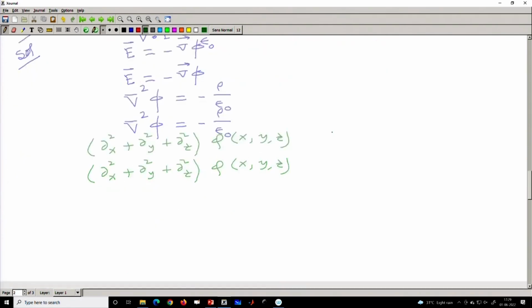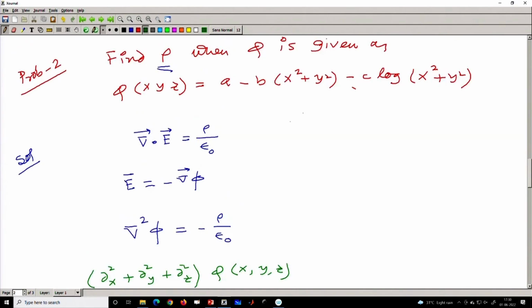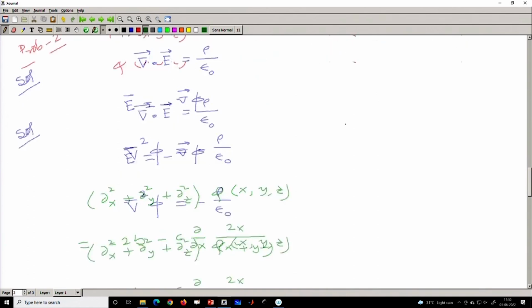So I just do the operation here, and first we have minus 2b, then we have minus c and del x operating over 2x divided by x square plus y square, because I need to make a derivative with respect to x.